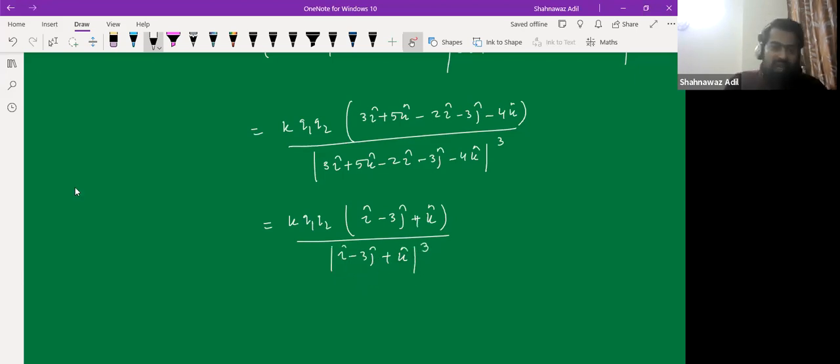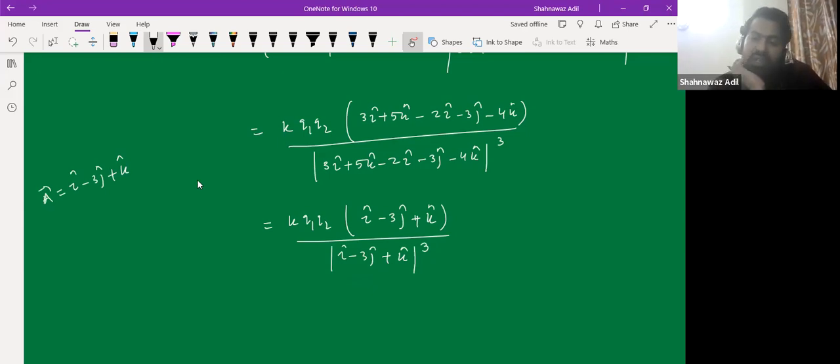So what is the magnitude of this thing? Tell me what is the magnitude of this, let's say A vector. Arsalan, if you remember, what is the magnitude? Let's see if you remember the vector part.